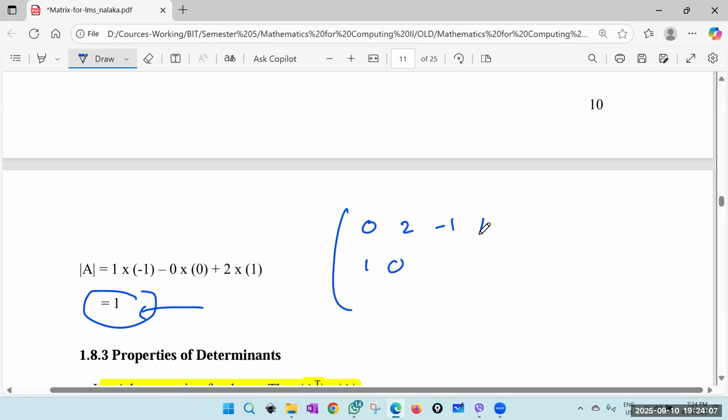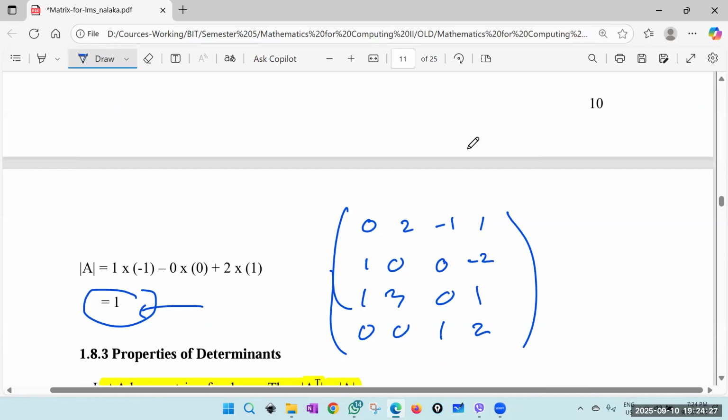I'm using a lot of ones and zeros because that helps you quickly calculate it, okay? 0 minus 2, 1, 3, 0, 1, 0, 0, 1, 2. Now this is a matrix of size order 4 by 4.